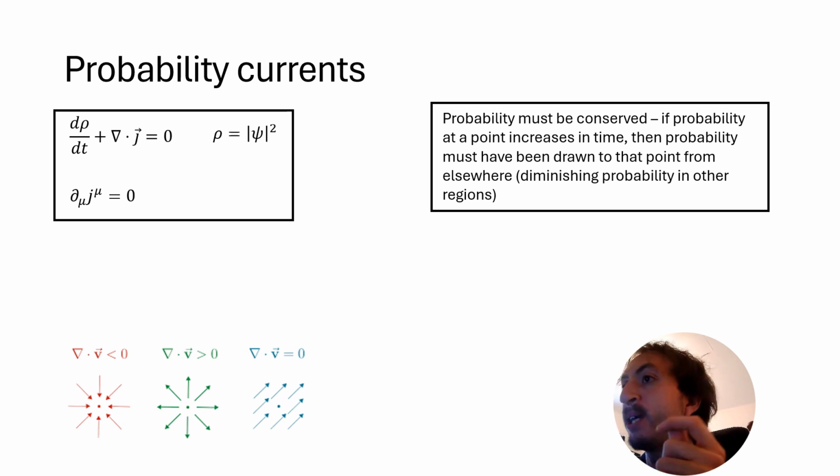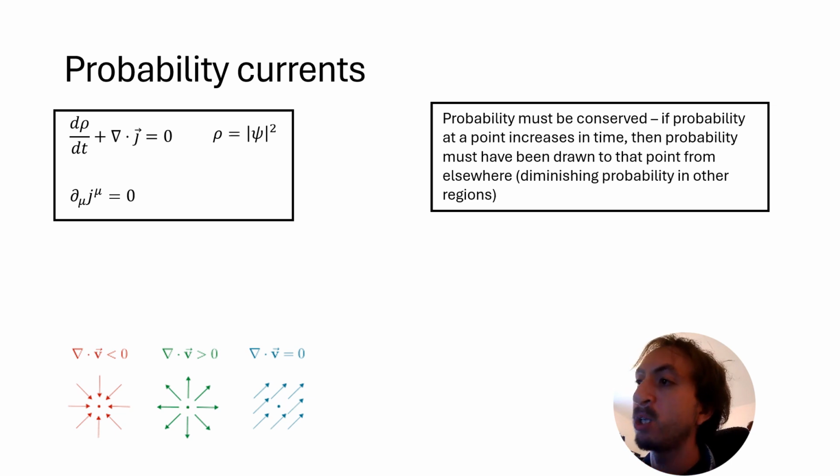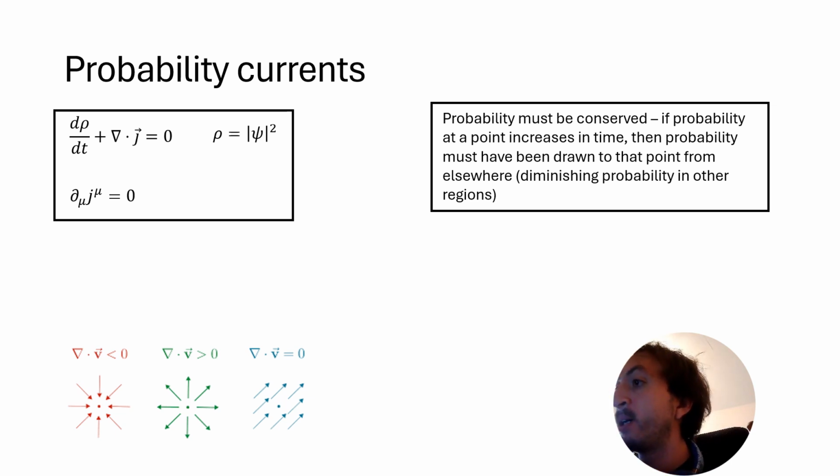And the nice thing about setting the divergence equal to 0 is it's very reminiscent of a conserved quantity, because in any region it's allowed to vary in time, but it must change in space accordingly, so we can say the space-time version of the divergence of our 4-vector has to be 0. So in that sense, our 4-vector is conserved.